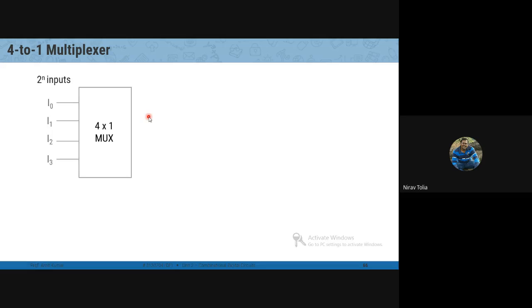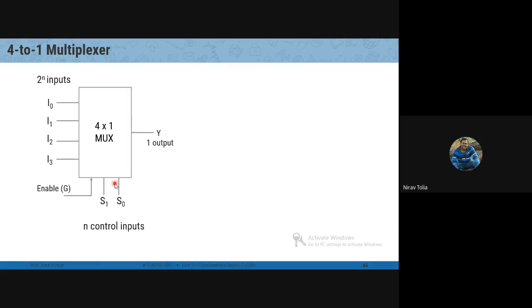So we have 4 inputs, I0, I1, I2 and I3, where I is denoted for input. I have only one output, Y. And for 4 inputs, I require 2 select lines known as S0 and S1.